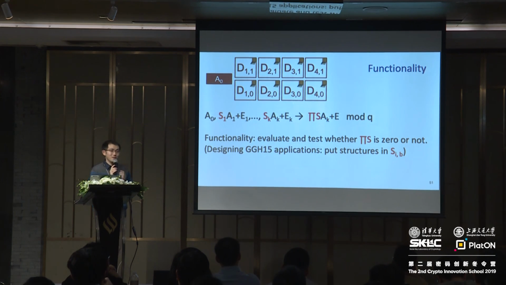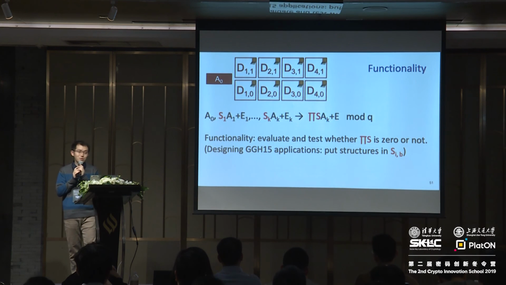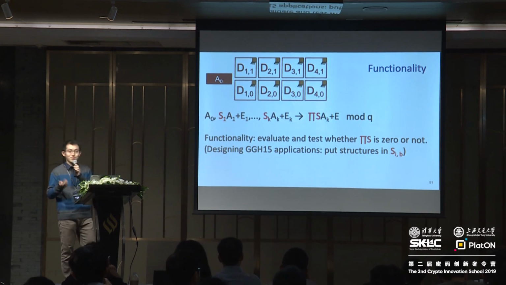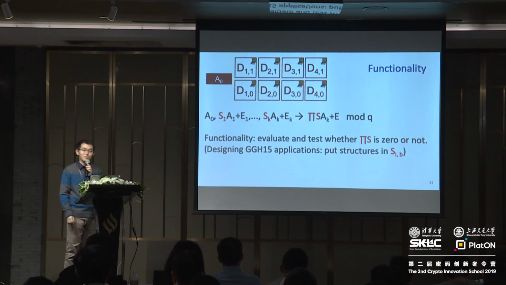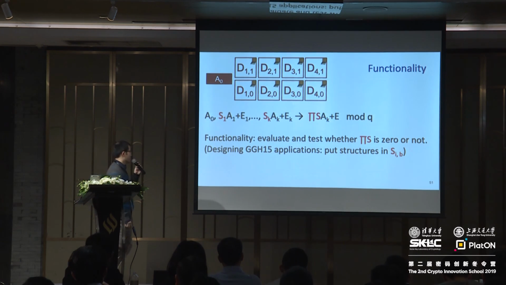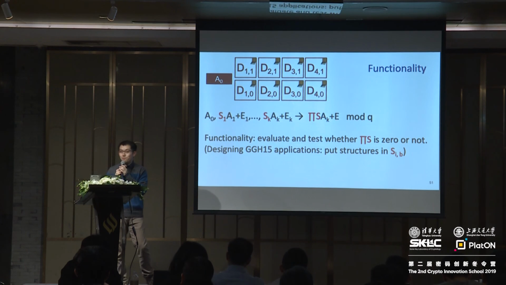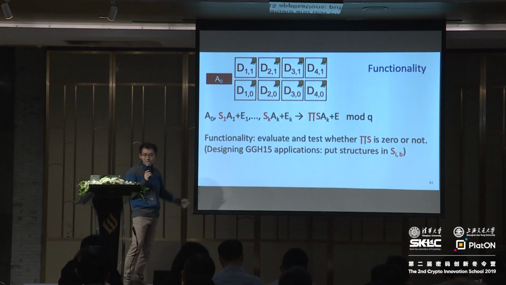If you're familiar with other lattice-based applications, sometimes you put the message you want to encode together with the LWE sample, usually like y plus SA plus E plus B times Q over 2. I think GGH15 is one of the special cases where the real point of putting the message you want to hide is to put it into the secret.